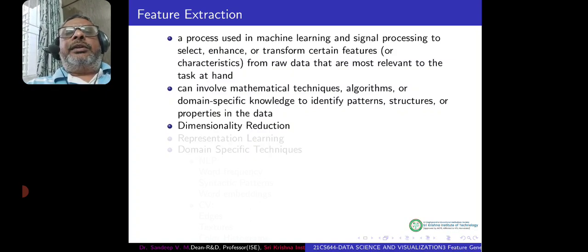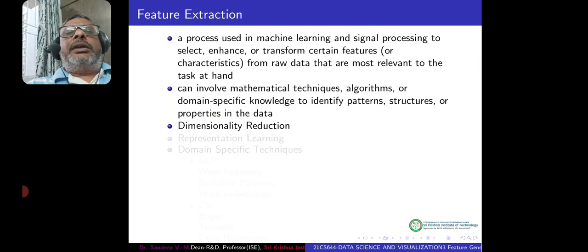That means if you reduce the number of parameters, the size of the data will reduce. If the size of the data is reduced, then the training process will be simplified, and hence it becomes faster. And if the data is reduced, the space requirement is reduced.